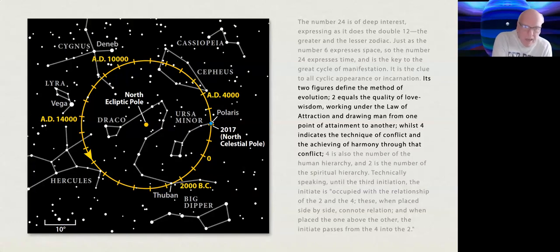So DK here gives us a second meaning of the 2 and 4 of Shambhala, this time from a qualitative perspective. That is, the law of attraction, the second law working in accord with the second ray, drawing humanity from one point of attainment to the next by means of ray 4's power to resolve conflict.